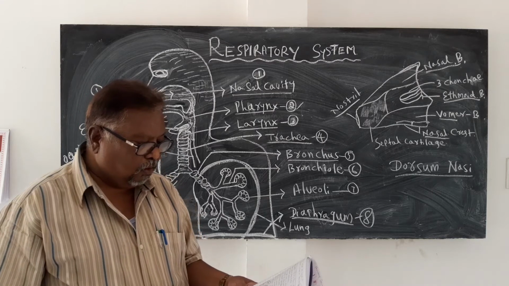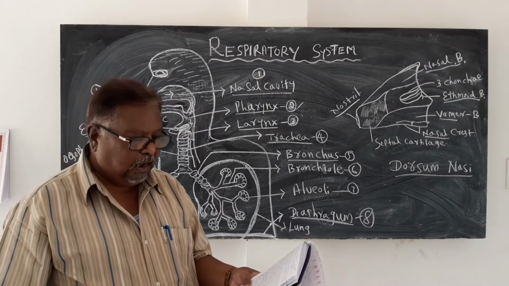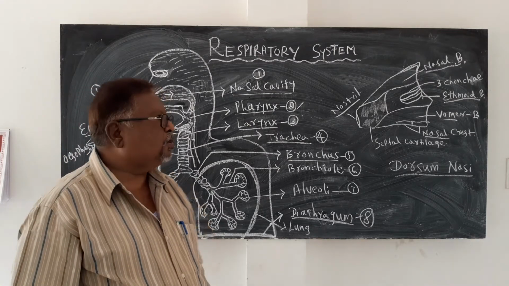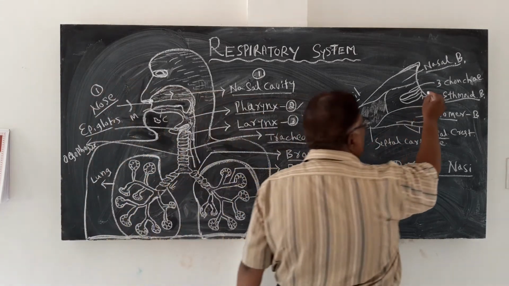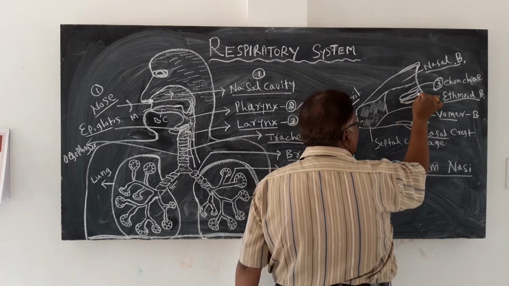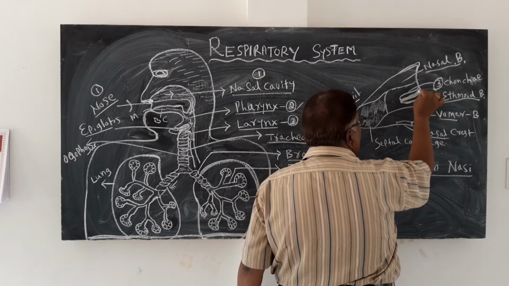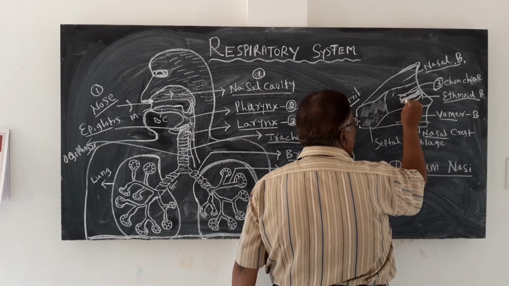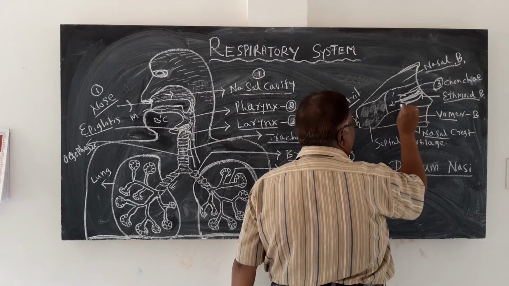Each lateral wall of the nasal cavity has three bony projections. So these are the three bony projections present inside the nasal cavity. This is the first one, this is the second, and this is the third.